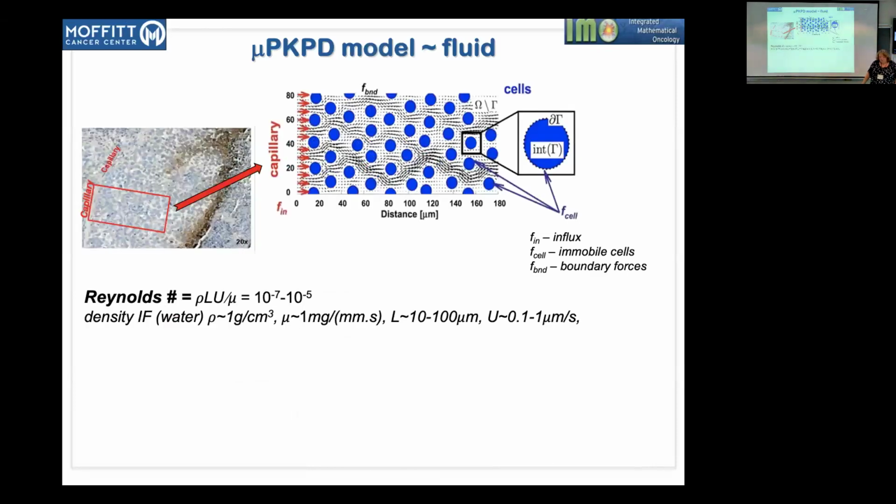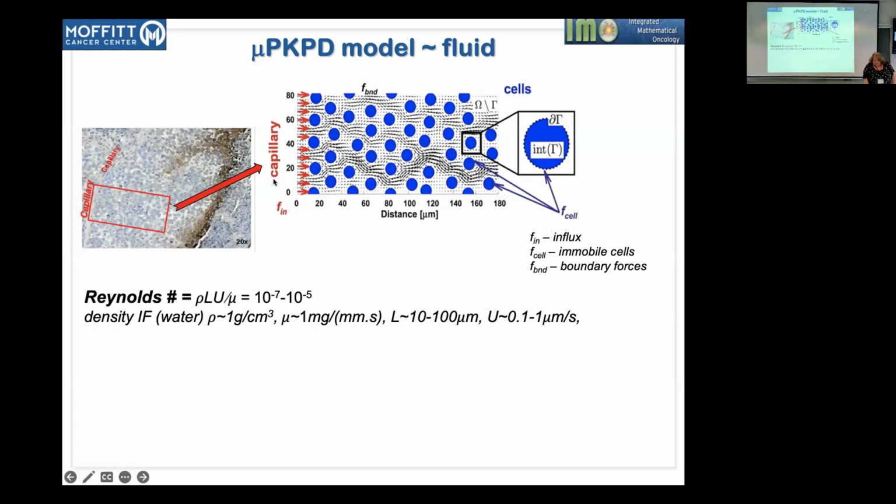We wanted to model tissue structure. On purpose, when we looked at the histology, we selected a region with the capillaries on the left that simplified our simulations. That was published a long time ago, and that was our initial step. Then we will build this tissue, we will have an influx of interstitial fluid, and we want to calculate this flow in between the cells in the interstitial space.